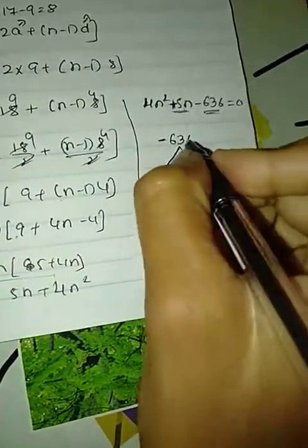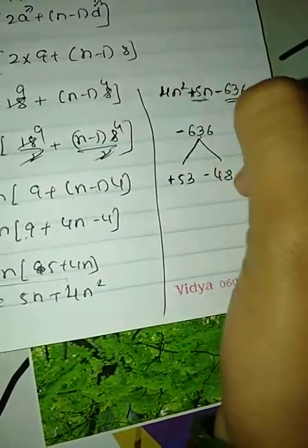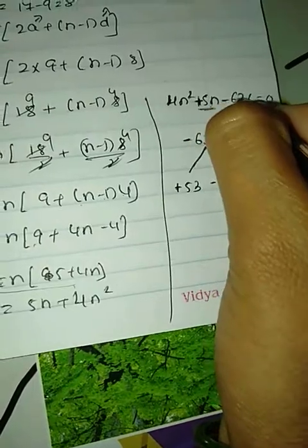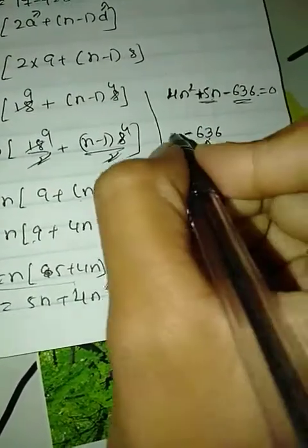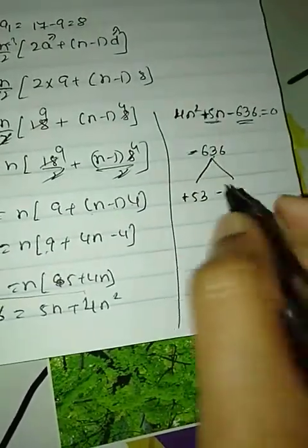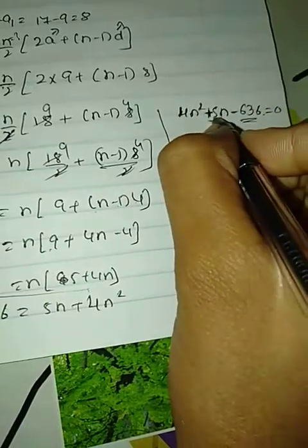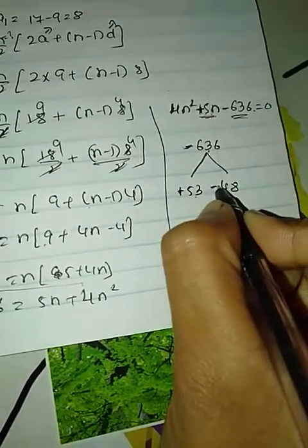Okay, so how to do the factorization? First we have to take the last number. The last number is minus 636. When we multiply any two numbers, we get minus 636, and when we add or subtract these two numbers, we get plus 5n. So the numbers are 53 and minus 48.